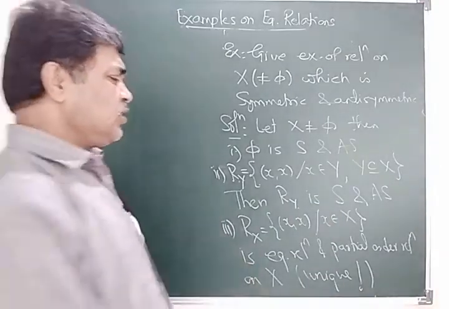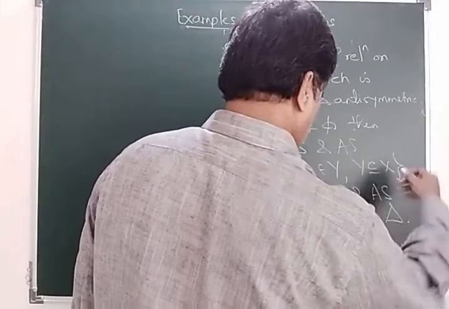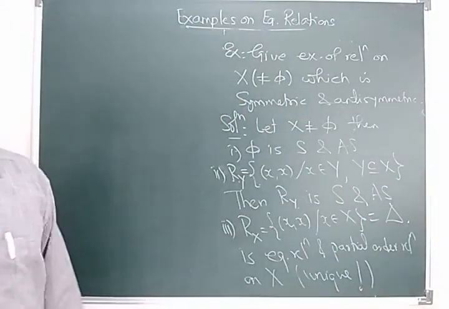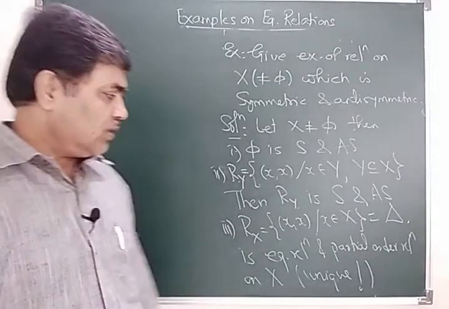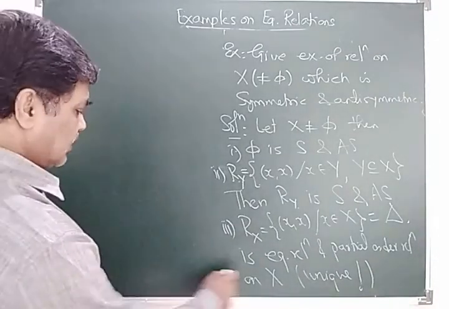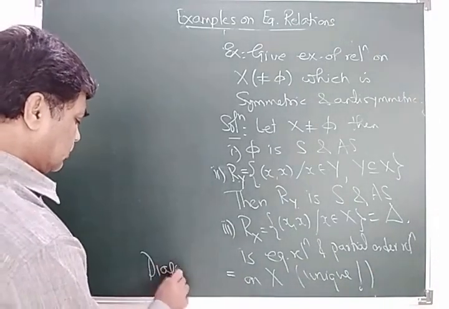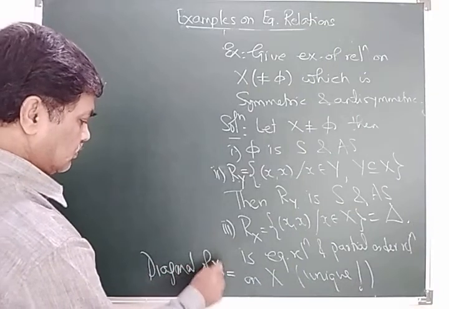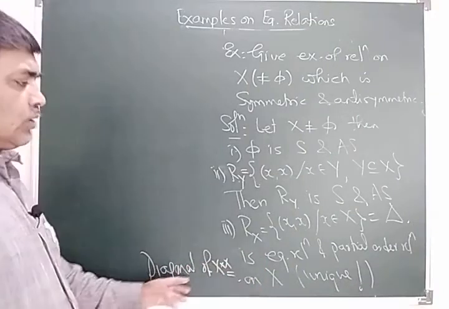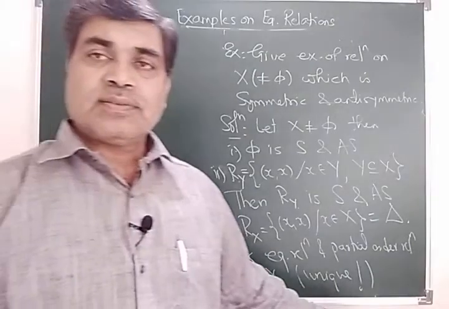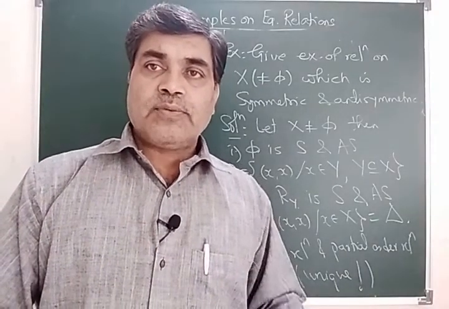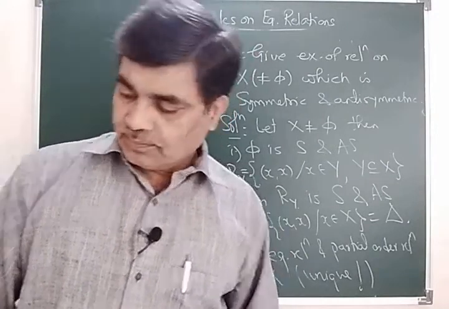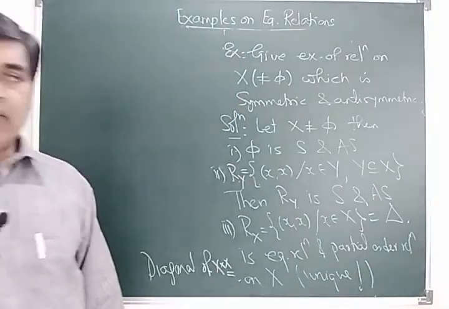In some books, this is denoted by the del symbol, which is called the diagonal of the X cross X set. So the diagonal of X cross X is always an equivalence relation as well as a partial order relation. Okay.